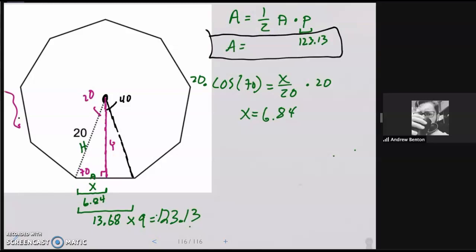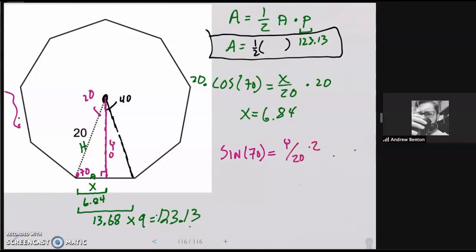Now, the last thing I need, I have 1/2, that's all good. I need the apothem, the length of the apothem, so I'll do this one in fuchsia. The apothem, y is opposite. 20 is hypotenuse still. Again, I'm always going to go from that angle of 70, that base angle. So opposite over hypotenuse is going to be sine of 70 equals opposite over hypotenuse.